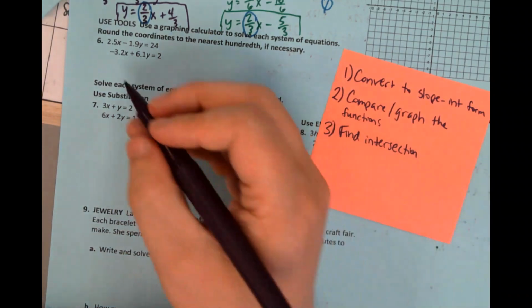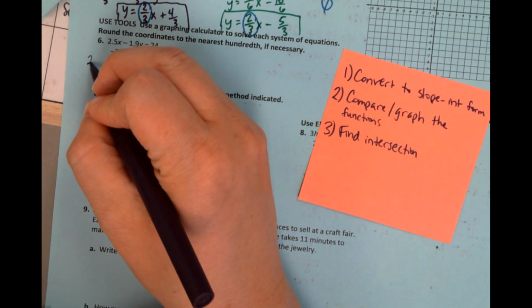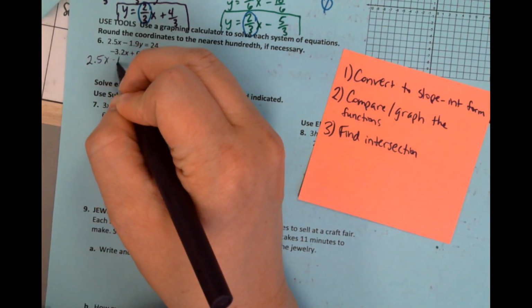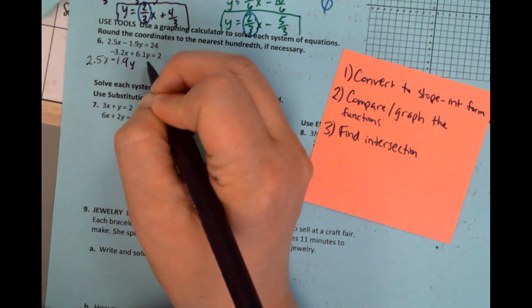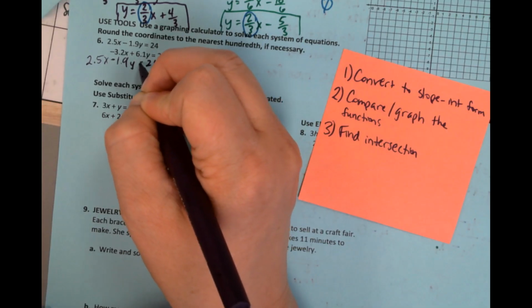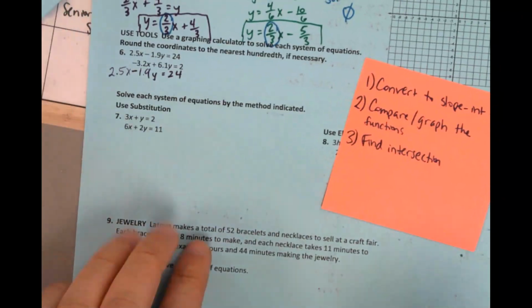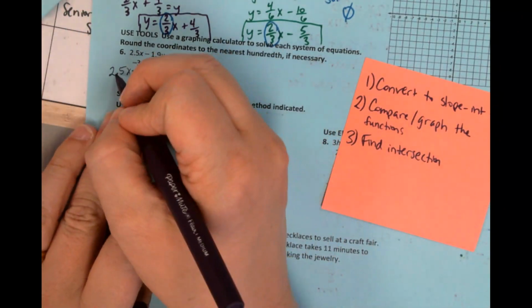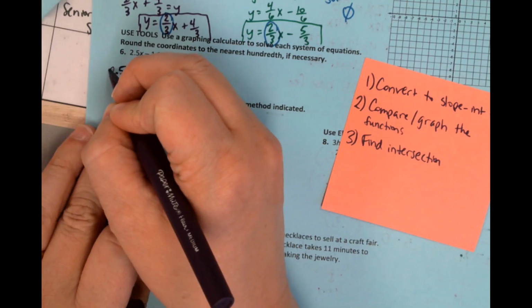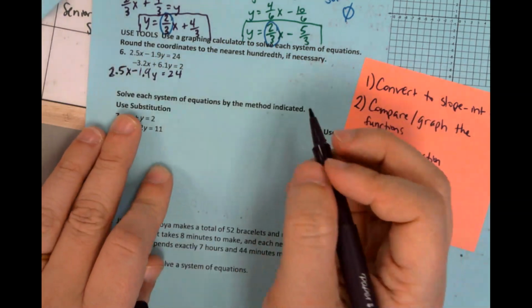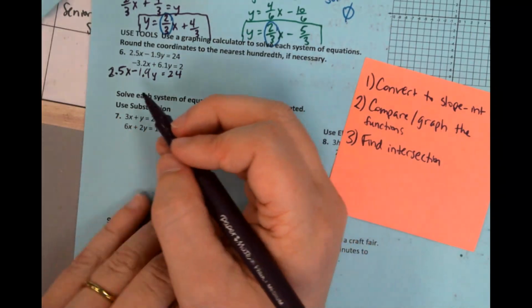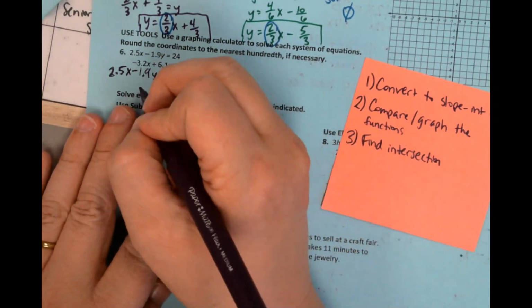So our first equation, 2.5x minus 1.9y equals 24. Sorry, my paper came up there. We need to solve for y, so we subtract the 2.5x.